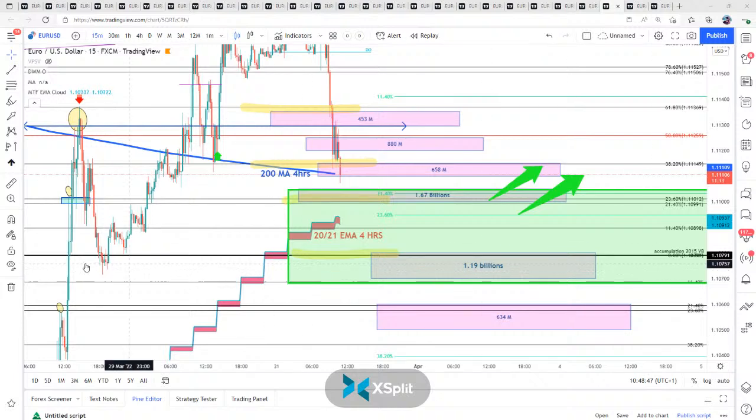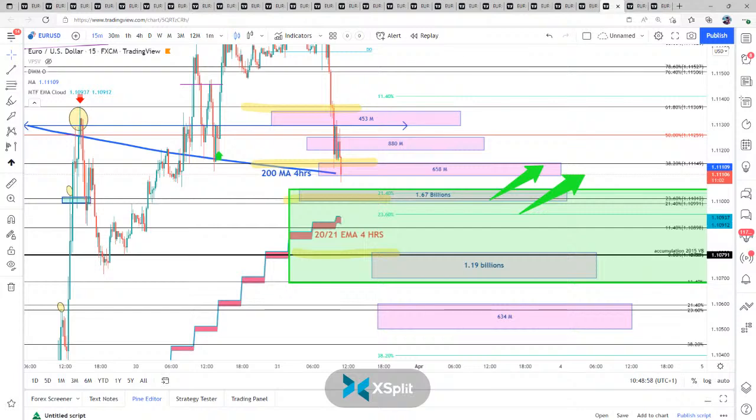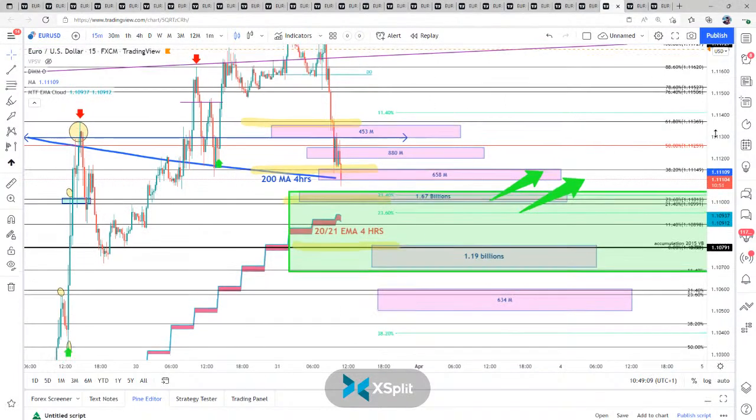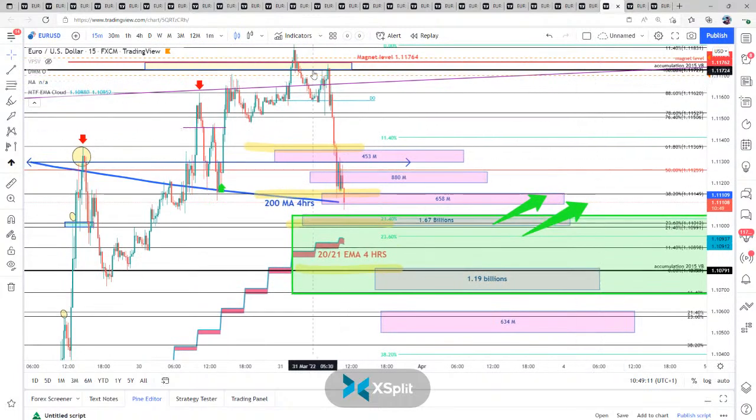So you see, we went to this bottom, but we even went a little bit through the 4-hour 200 moving average. I am really convinced that we will get through this one and take this one. I could not understand why we would have gone so far here just to take the small amount and not take those big ones here and this one there.